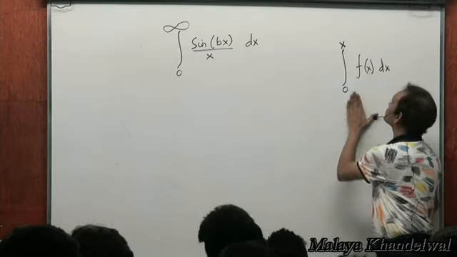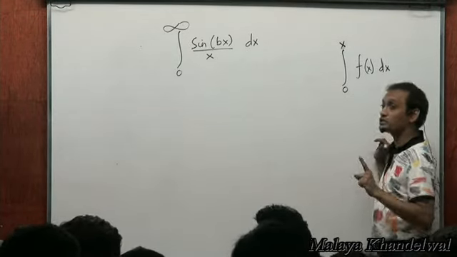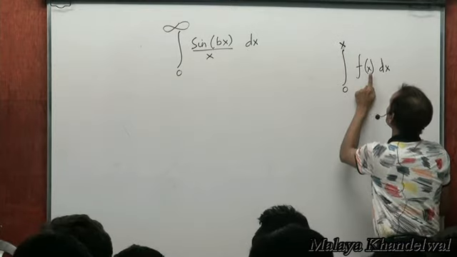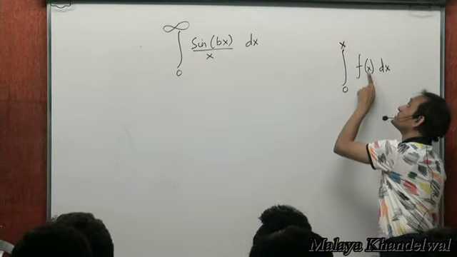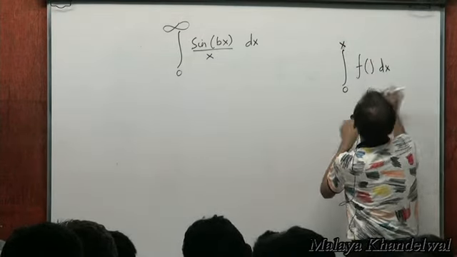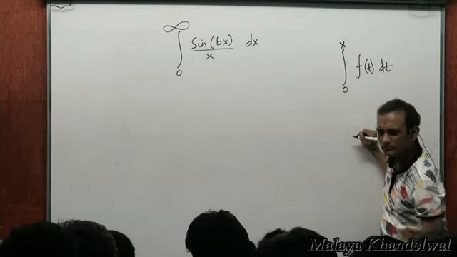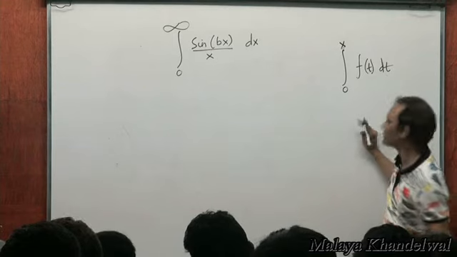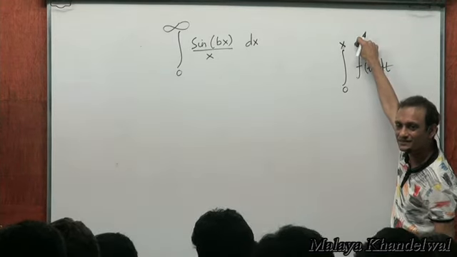If I have something like this, 0 to x f(x) dx, one thing that you must realize is that this x is not the same as this x. This x is not the same as this x, because if this I replaced by t, then it will have the same value, isn't it? That means the x that I showed here was not the same as this x.